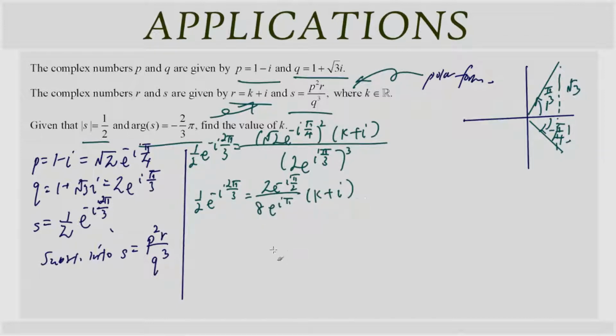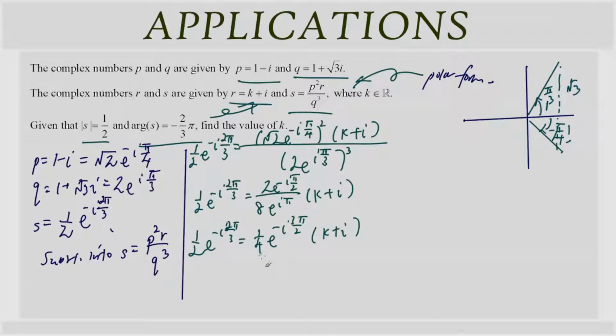Now we want to make K plus i the subject, so we need to move all this chunk to the left hand side somehow. Let's simplify the fraction first. It's equal to 1 over 4 e to the power of i times negative pi over 2 minus pi, that's negative 3pi over 2, times K plus i.